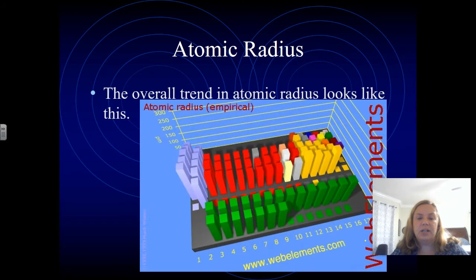So the overall trend in atomic radius looks like this. And I know it looks a little crazy, but you'll notice as we get down toward the bottom left of the periodic table, and this one's not really represented because francium has such a tiny half-life, it's very hard to actually measure.